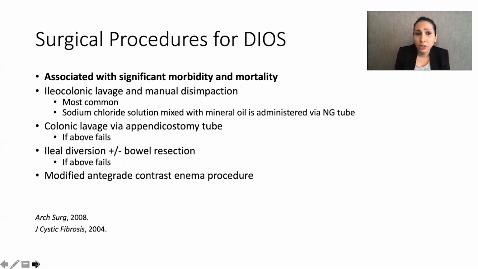The disimpaction is done using a sodium chloride solution mixed with mineral oil, which is often administered via NG tube concurrently with the lavage. Colonic lavage via appendicostomy tube if the above fails. Ileal diversion plus or minus bowel resection if the above fails. And there has been a case report of a modified antegrade contrast enema procedure, similar to what we would do with cecostomies for refractory constipation.